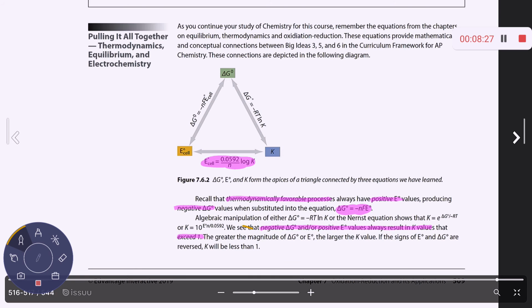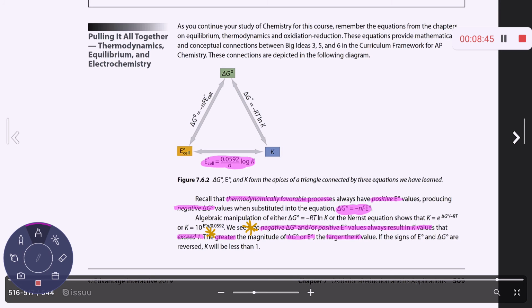I would probably know this if I were you. And then the greater the delta G or E, the larger the K. I would also know this. And then if you reverse the signs, K will be less than 1.